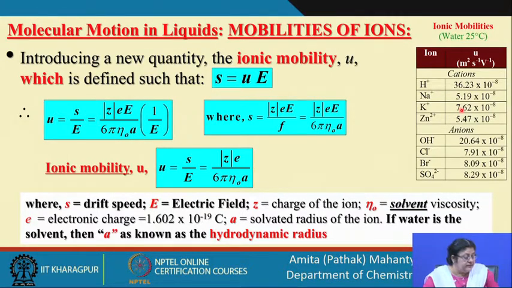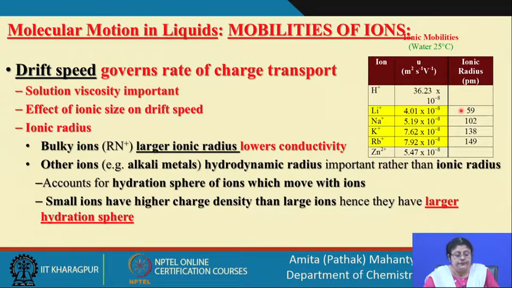So, what is the reason? How do we interpret the values of the ionic mobilities of the various types of ion? The drift speed governs the rate of charge transport, and the drift speed is what we have just now seen.